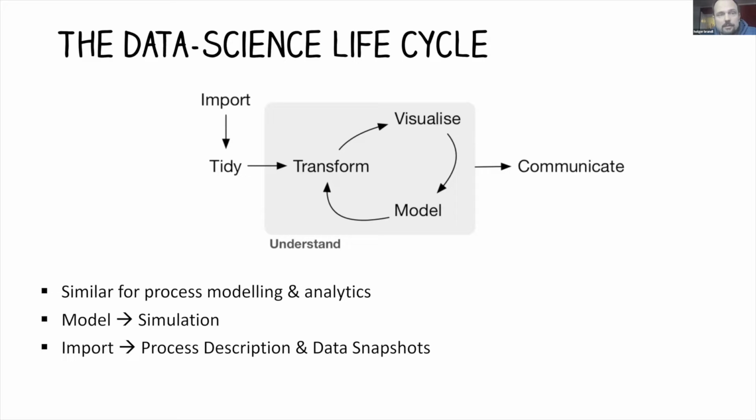In our case that's a simulation model. So it's not a classical machine learning type of prediction we want to do, but we use a more mechanistic model of what's happening to, in the end, prepare something which is functionally similar, because a simulation model also allows us to do predictions. And once we are happy with the accuracy of our model, we can then really communicate this to our partner.